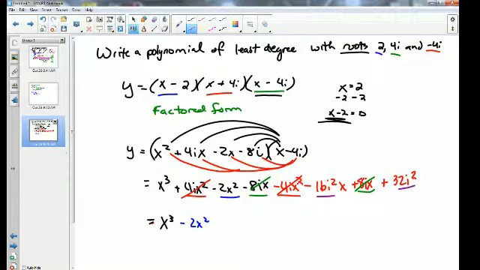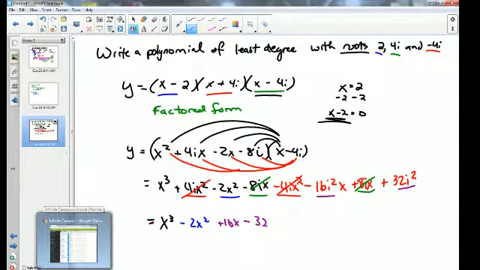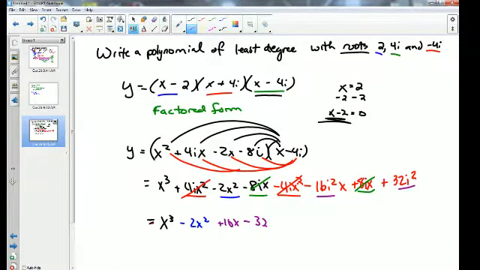Plus 16x minus 32. Okay, thanks for the correction. You're welcome. Thank you for not waiting until I turned the video off this time. That was awesome last time. So, it's easy to write the equation, then you've got some algebra to do. Do that algebra because it's going to pay dividends.